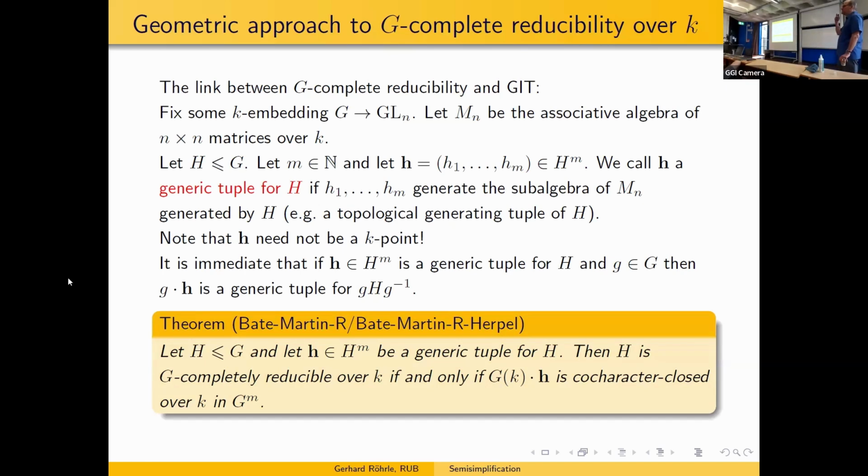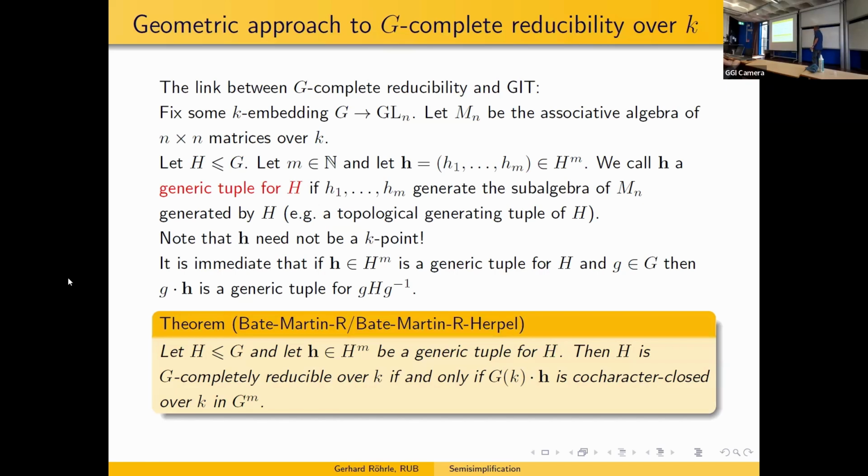This is the connection between the representation theory and the GIT geometry. This was first proved in the algebraic setting by my two co-authors, Michael Bate and Martin, who are happily in the audience to answer any questions. It's really the crucial tool to get off the ground.